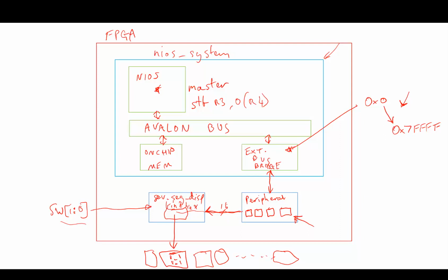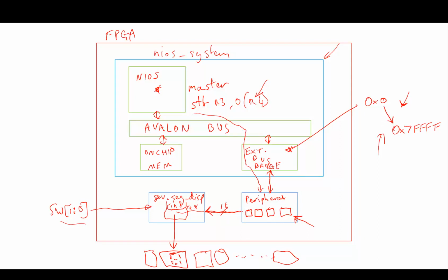The address in here needs to be within this range to indicate to the Avalon bus that it needs to go to the external bus bridge, which then passes it out to here.